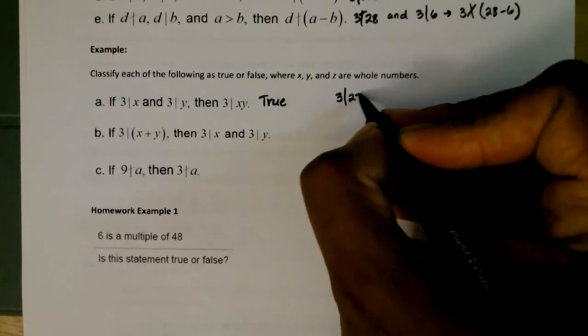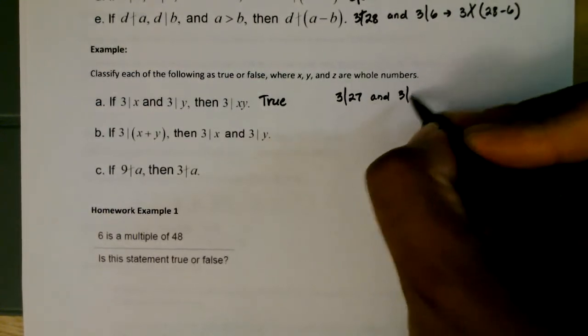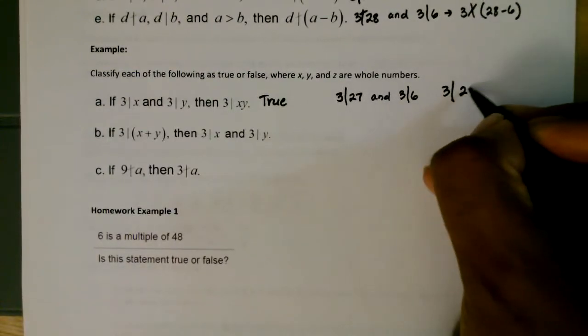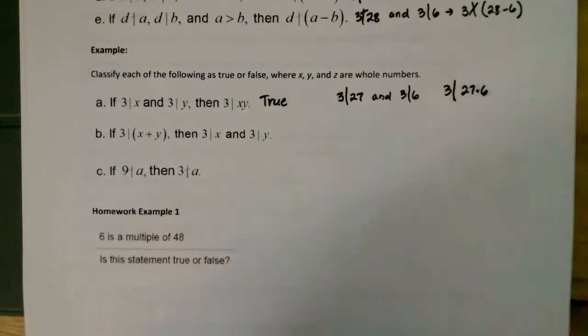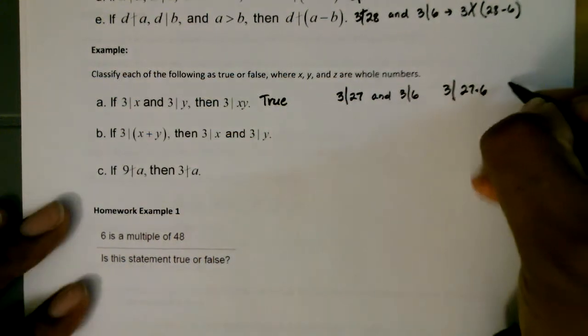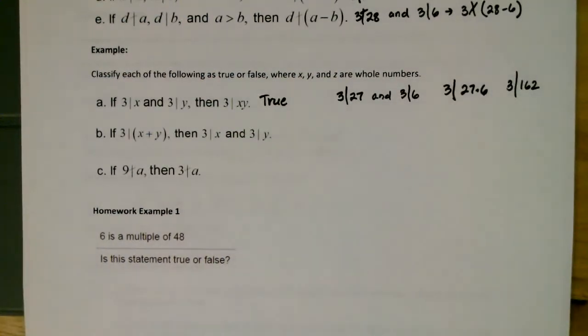So 3 divides 27 and 3 divides 6. So 3 divides 27 times 6, and whatever 27 times 6 is, that's going to be divisible by 3. So let me do this. 27 times 6 would be 162. So 3 divides 162 evenly.